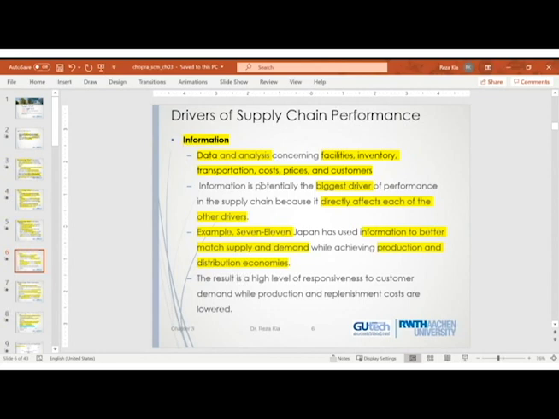So they can coordinate the production level, and they can coordinate the transportation decision at an economy of scale level to keep the cost low, but still be responsive regarding the customer demand. So how could these two achievements be fulfilled? By having a strong information system. And as you know, you are also going to pass one specific course, which shows the importance of information systems as the biggest driver in a supply chain.